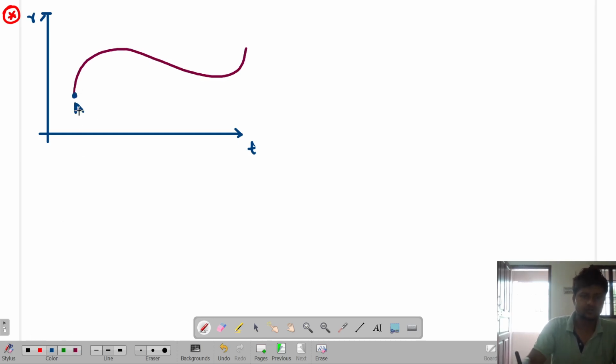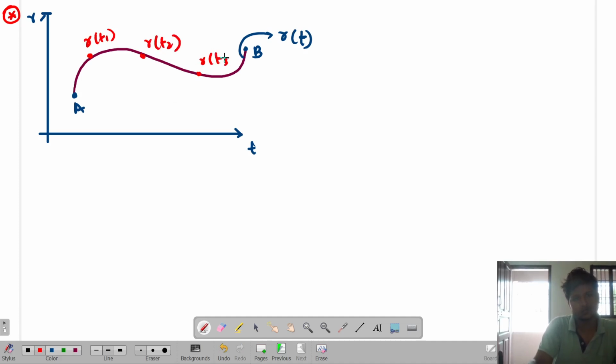If this is A to B, basically it will follow some position vector equation r of t. Are you able to get me or not? See, if I replace the time variable, I will get the position coordinates like r of t1 here, r of t2 over here, or r of t3 over here. Can you understand or not?